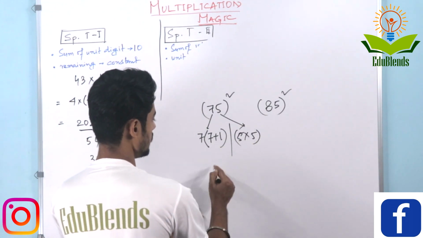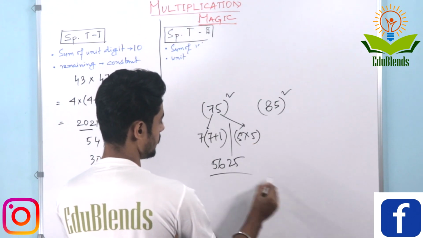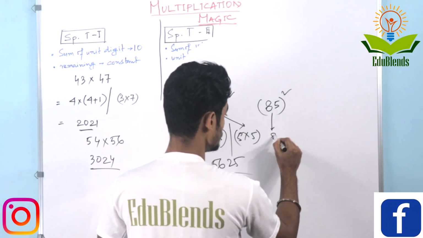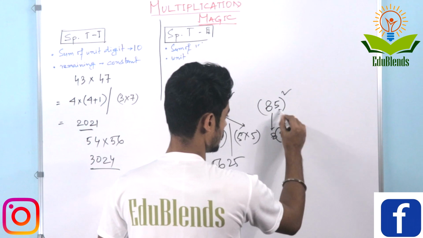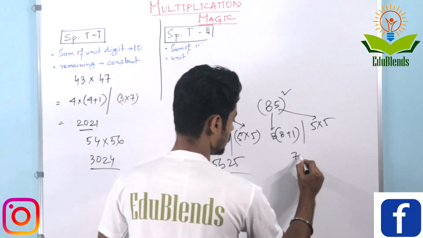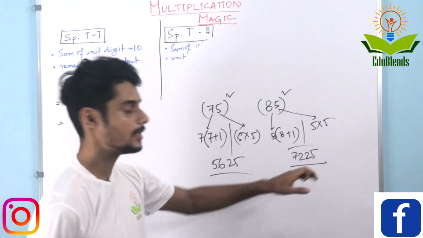Like 7 into 8, 56, and 5 into 5, 25. This will be the answer. And the next one, 85: 8 into 8 plus 1, 5 into 5. 8 into 9, 72, 5 into 5, 25. So this will be the answer.